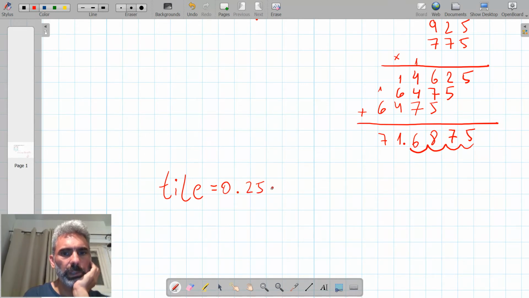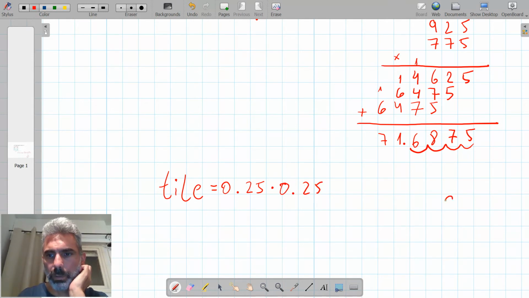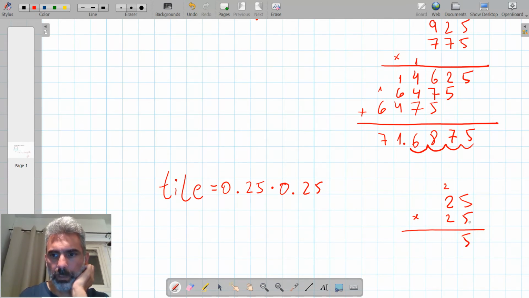0.25 times 0.25. So 25 times 25. 5 times 5 is 25. 5 times 2 is 10, plus 2 is 12. 2 times 5 is 10. 2 times 2 is 4, plus 1 is 5.